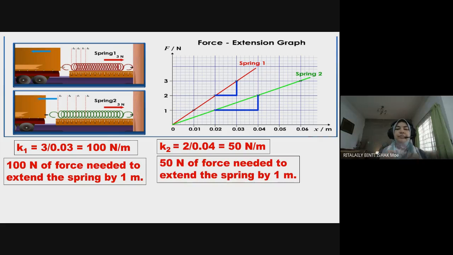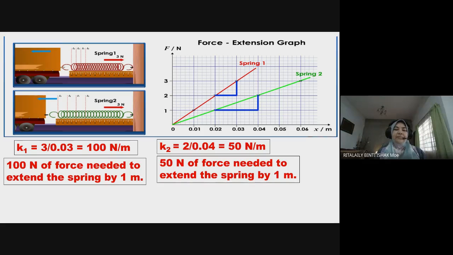From the spring constant, we can define the spring itself: 100 Newton per meter means 100 Newton of force is needed to extend the spring by 1 meter. Whereas for spring 2, 50 Newton of force is needed to extend the spring by 1 meter.